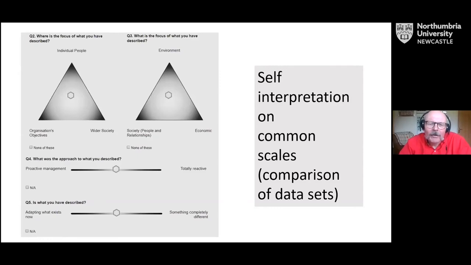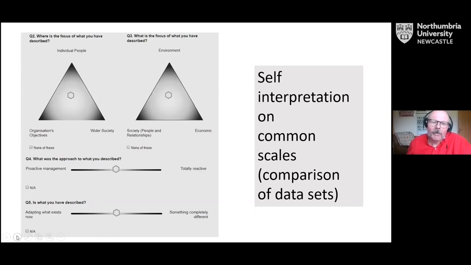Was it about adapting to what's there already, or did people go for something completely different? That's the notion of adapting what you've got, accepting things in a different environment. We might have stuff in that space, or people may have come up with completely different, truly innovative things. We don't know. We'll see what we've got.